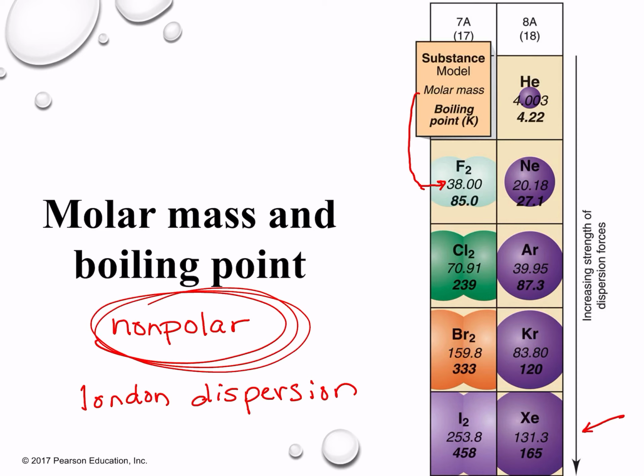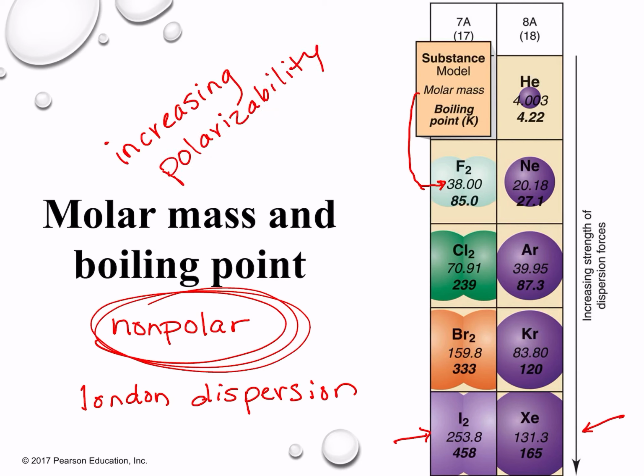When we were seeing those instantaneous dipoles, where the electrons just happen to be on one side or the other, if it's xenon or iodine down here, they have more electrons, so there's more possibility that you can have a greater charge on the left than the right, or whatever the case may be. So that's why. So we call this increasing polarizability. And again, this has to do with the fact that they have more electrons. It corresponds to their molar mass, right?